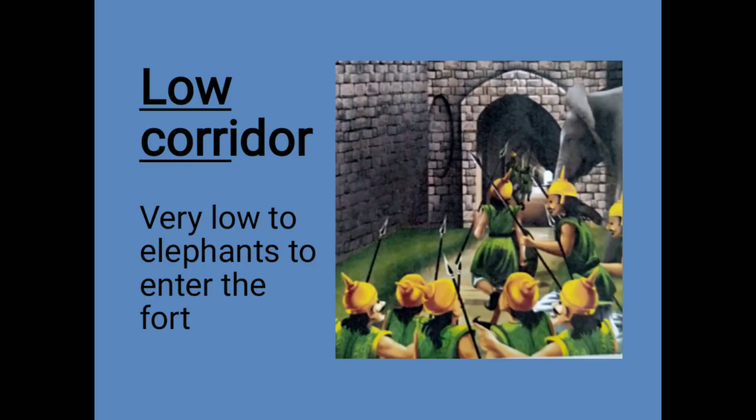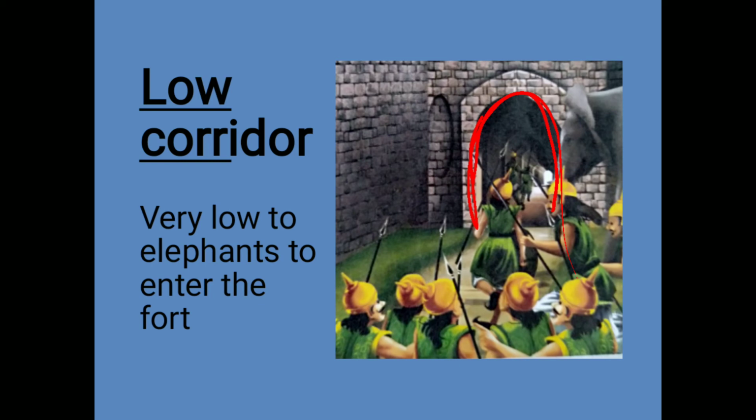Fine. Next, low corridor. Can you see the corridors here, which are very low? It's not so high, right? So elephants are much taller than those corridors, right? So they have made very low corridors. They don't want animals to enter the fort.